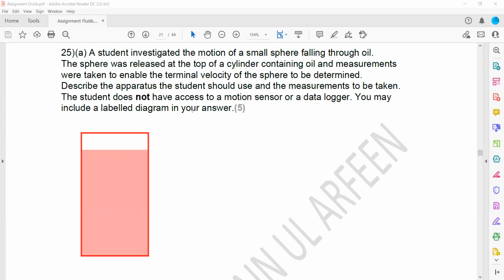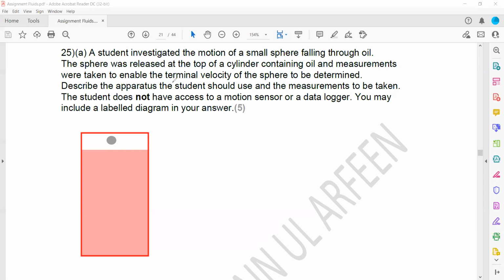And then we drop a sphere, a metal sphere, but it should be small compared to the size of the container. It should be half or less than half the size of this cylinder. And then how can we determine the terminal velocity?